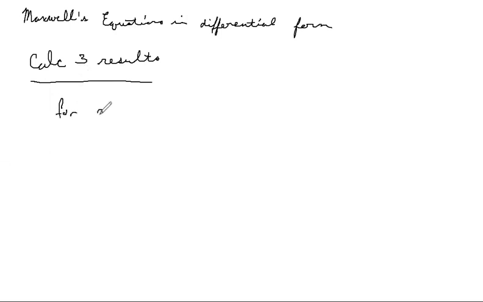For a nice vector field, we'll just call it V. When I say nice, I mean it's differentiable, it's smooth, it's just reasonable. It has compact support. It doesn't go off to infinity.